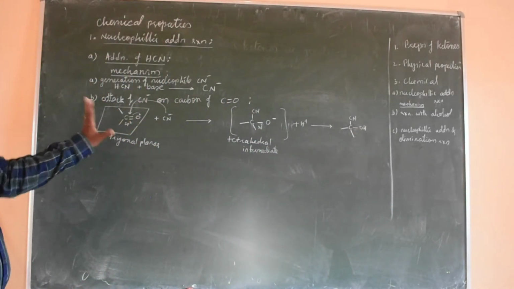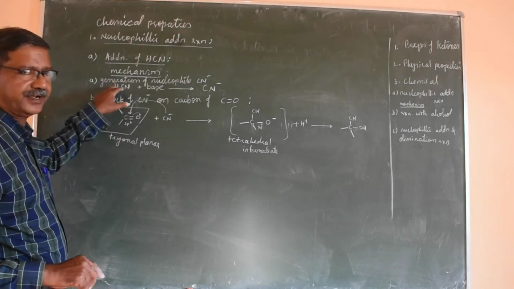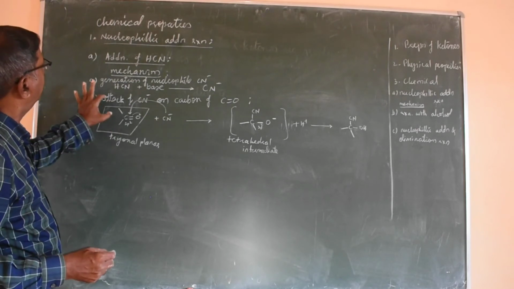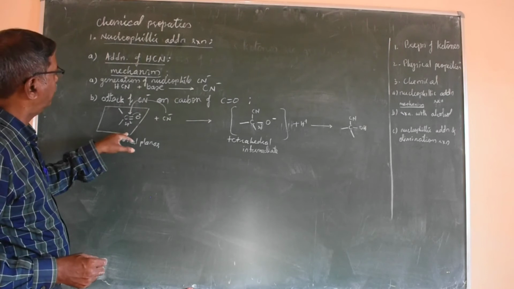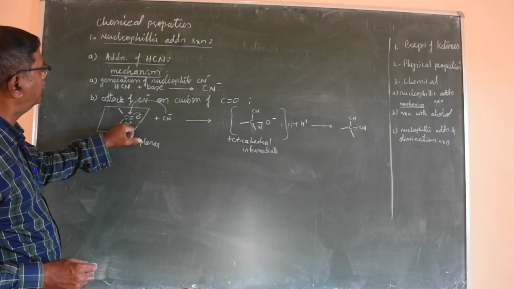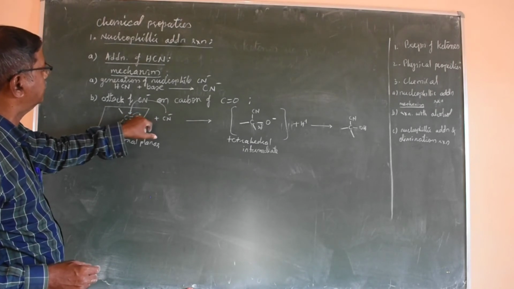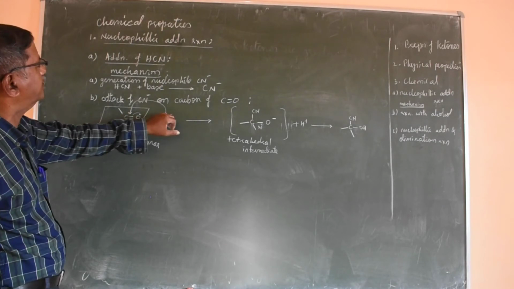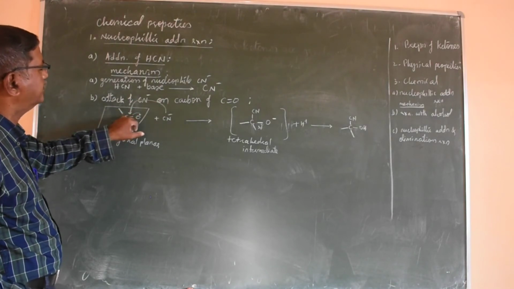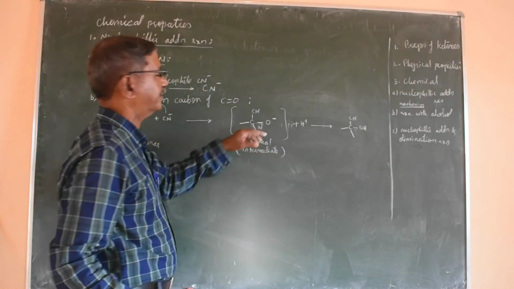Okay, so this is about the mechanism. First, generation of the nucleophile CN minus; just write the equation, this much is sufficient. Then the attack of CN minus on the carbon of C double bond O. Oxygen is more electronegative, so electrons move towards the oxygen, giving it a negative charge, and this carbon is positive. CN minus attacks it to give the tetrahedral intermediate.